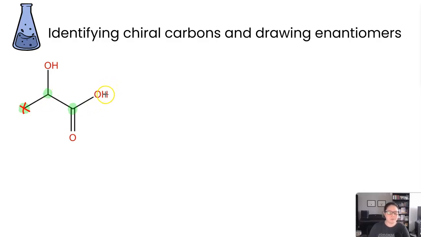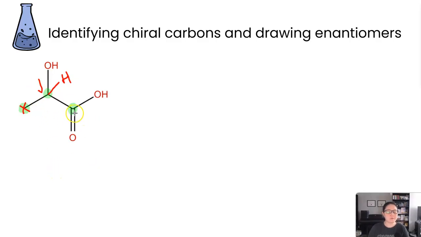Now, if you're not being careful, you might wonder, okay, but that's 3 things. It isn't 4. Don't forget, this also has a hydrogen attached to it. And so with that, you have your methyl group, you have a hydrogen, you have a hydroxyl group, and then you have a carboxyl group, all attached to there. So those are 4 different items, and so this carbon is indeed chiral.